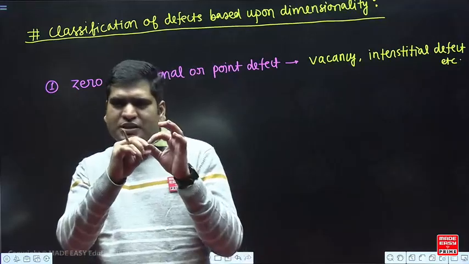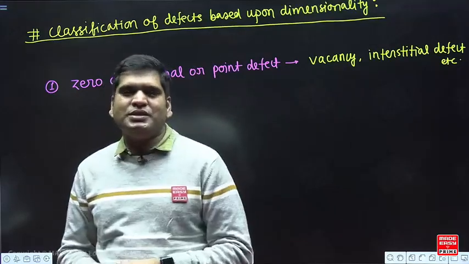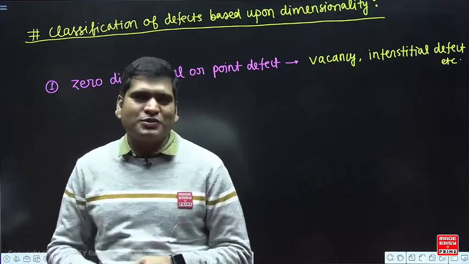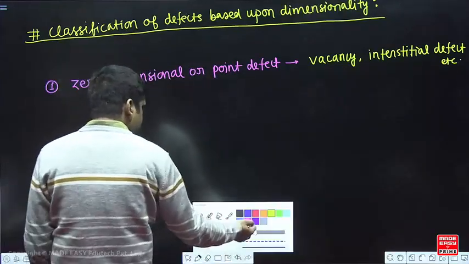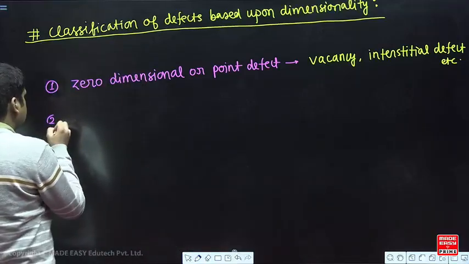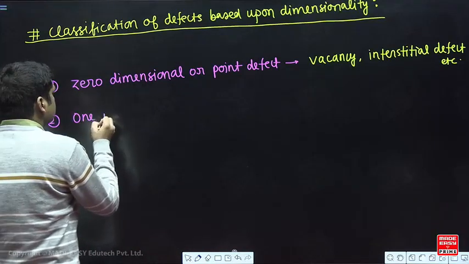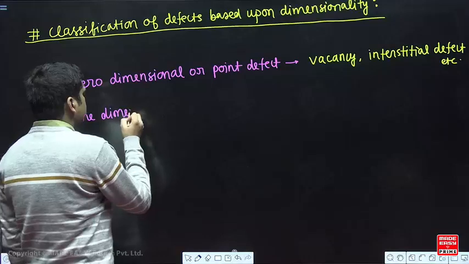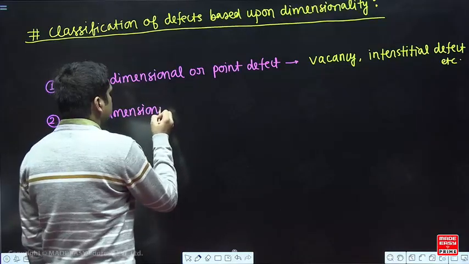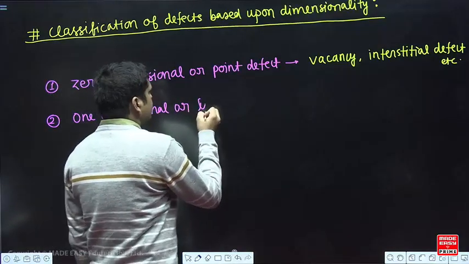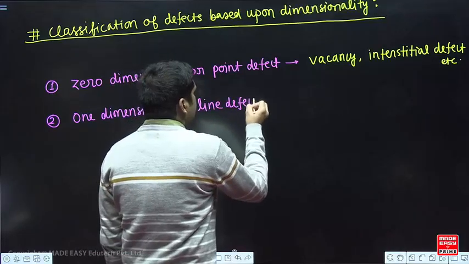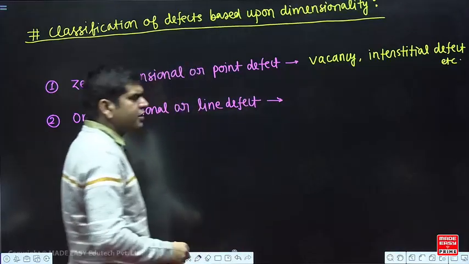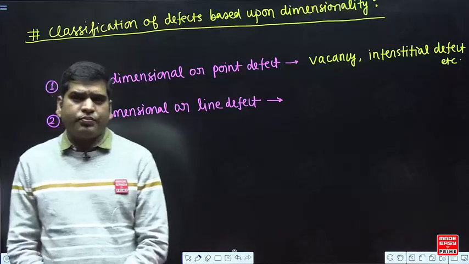Suppose this point-like region extends into a line. Such a kind of defect is known as a line defect, or one-dimensional defect. Examples of one-dimensional or line defects are dislocations.